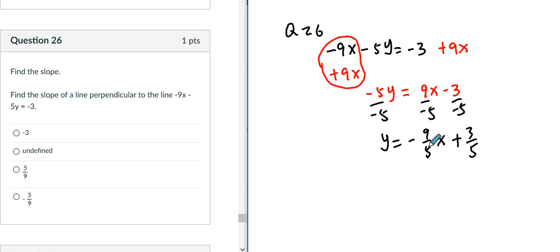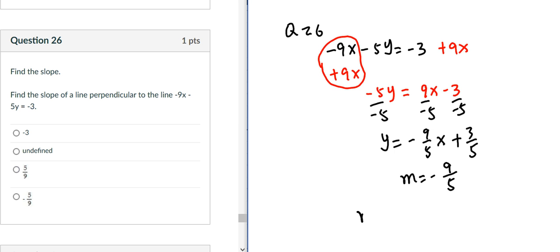If a line is parallel to this line, then the slope will be equal. One more time. If the line is parallel to this line, then the slope will be equal. But here it says the line is perpendicular.